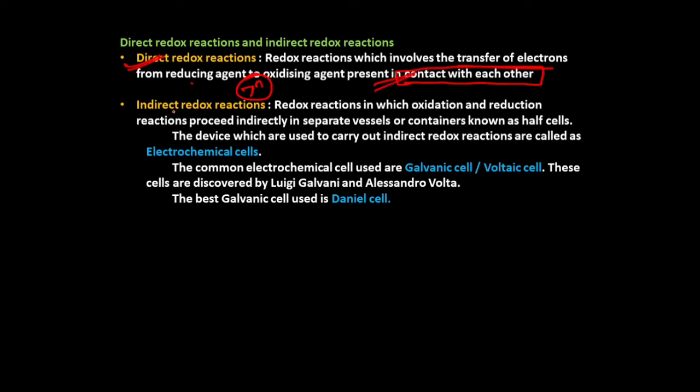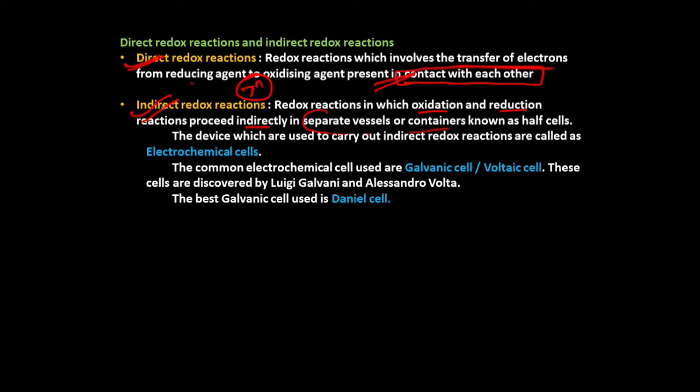Indirect redox reactions are also redox reactions. There also we can notice oxidation and reduction, but indirectly, in separate vessels. Not in a single conical flask, but in separate vessels we can see that reaction. In one vessel there will be an oxidation, in another vessel there will be a reduction reaction. Such reactions which occur indirectly are nothing but indirect redox reactions.